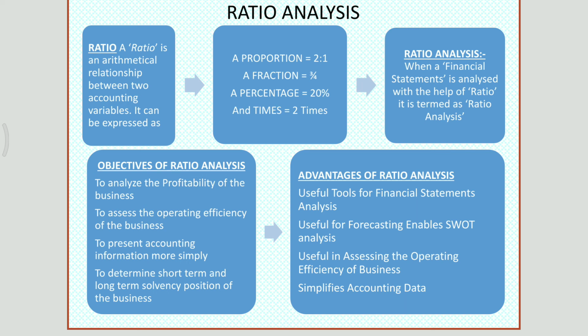When we have to analyze the financial health and performance of an enterprise, we can take the help of ratios. There are various ratios for that. It also simplifies accounting data. There is numerous data in accounting, as you are aware. With the help of a ratio, very simply we can present all the accounting data.